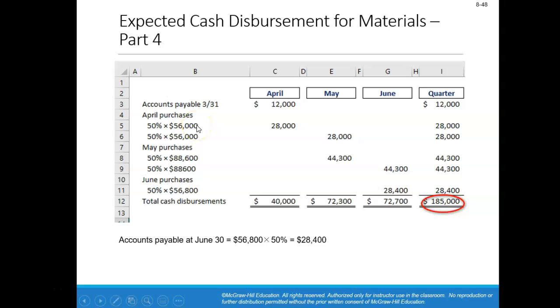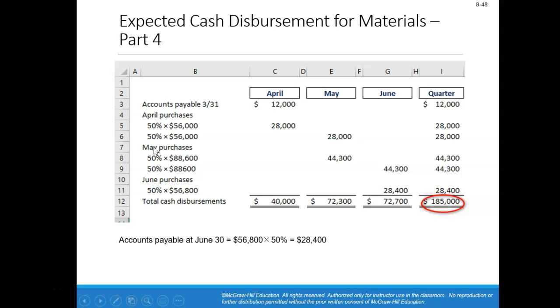The total cost for our purchases would be $56,000. This is based upon the information shown in our material budget we just went through. We're going to pay half of that in the month of April, the other half in the month of May.